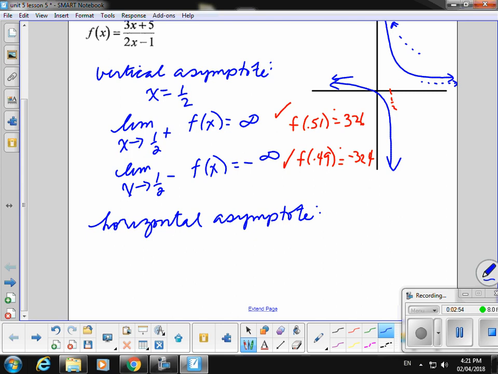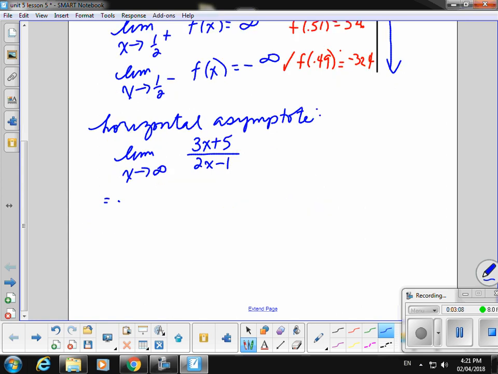So if we are looking at the limit as x approaches infinity for 3x plus 5 over 2x minus 1, a great method is to factor out the largest power of the variable. I'm going to divide out an x, so 3 plus 5 over x. I'm going to factor out an x on the bottom.